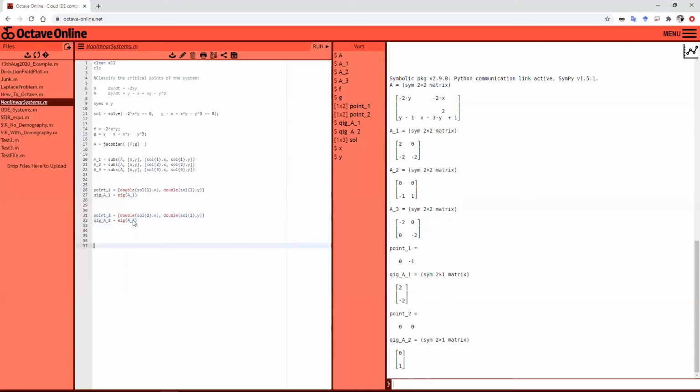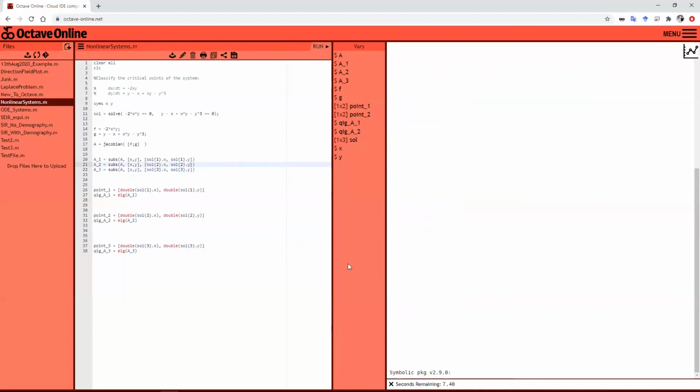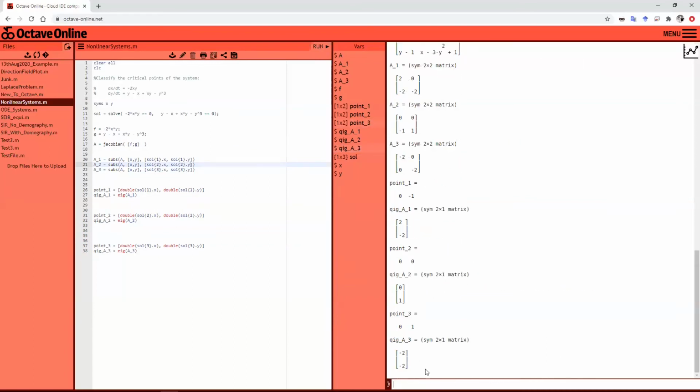And point 3 here, let's just do that for completeness. So again, we're going to print out point 3, and then the eigenvalues of matrix A3, which is the Jacobian matrix with point 3 substituted in. And hopefully we find a repeated eigenvalue, there we go, a repeated eigenvalue with negative sign, right?